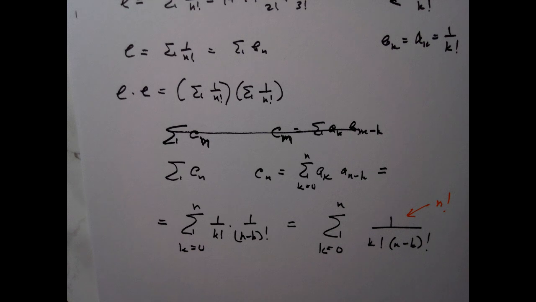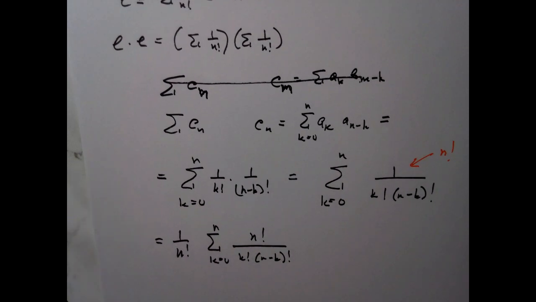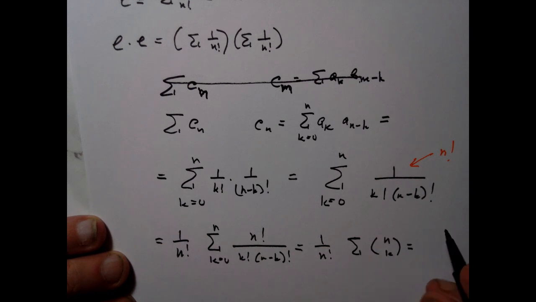True? So, let's do this. Let's say that this is equal to 1 over n factorial times the sum k from 0 to n of n factorial divided by k factorial times n minus k factorial. Alright. So now this is 1 over n factorial times the sum of n choose k, and by the binomial theorem, this is 1 over n factorial times (1 plus 1) to the power n.